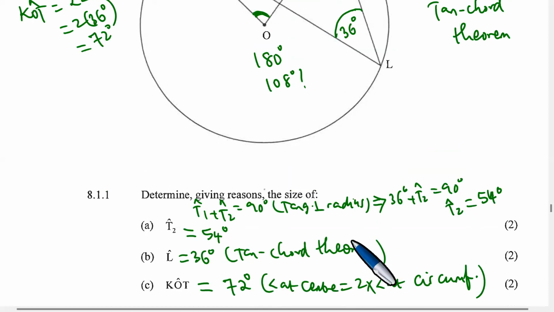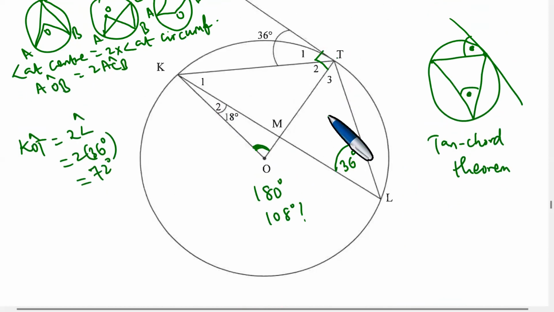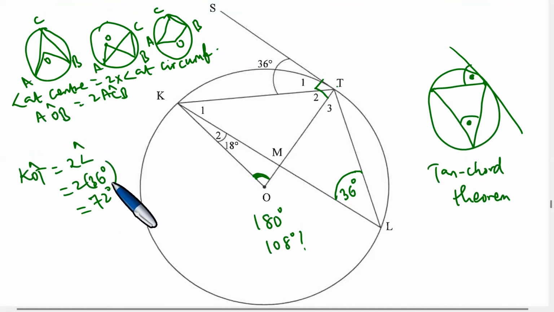So KOT is 72 degrees. This angle here is twice this one, is 2 times 36. And 2 times 36 is 72 degrees.